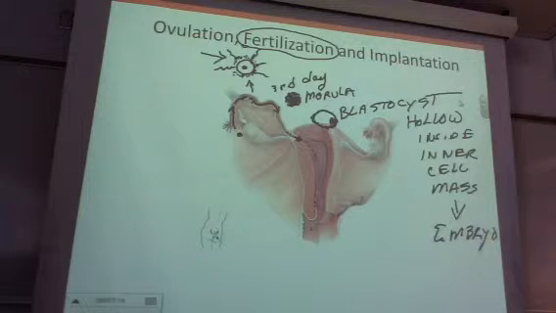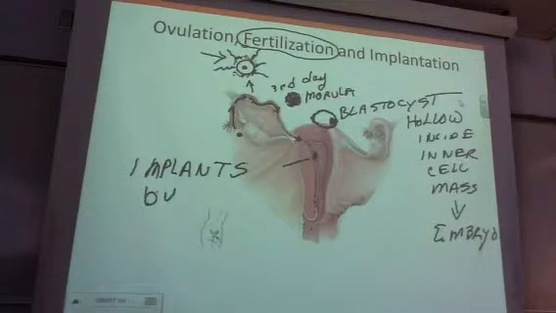And so this thing comes down. First it sticks to the endometrium, and then it implants. It'll implant by about, as I said before, the 10th day.